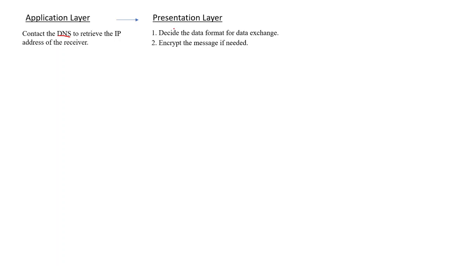So there must be some standard that makes the deciphering process easy. So we have such data formats like HTML, XML, JSON, and so on. And which data format will be used is decided by the presentation layer.